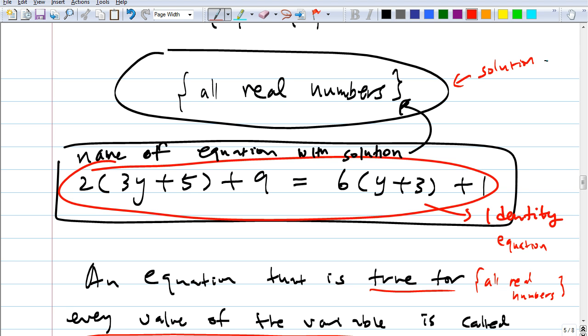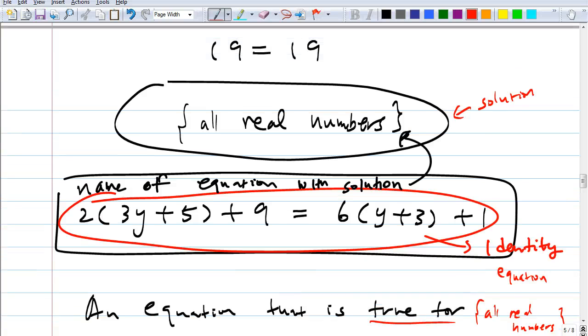Does that make sense? So please be careful. On the test, if I ask for a solution, could you write down, the solution is identity equation? No, that doesn't make any sense. Right? We're looking for the solution. We're looking for the values of x that will make the left side equal to the right side. So if I ask for the solution, you need to write down what? All real numbers.